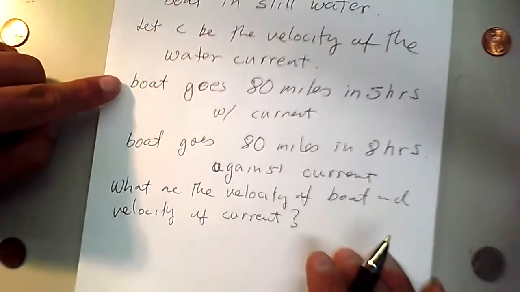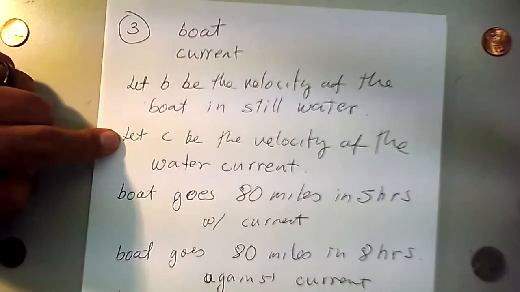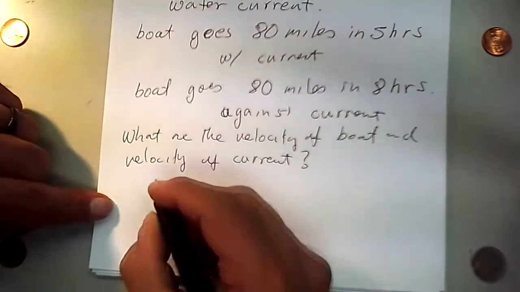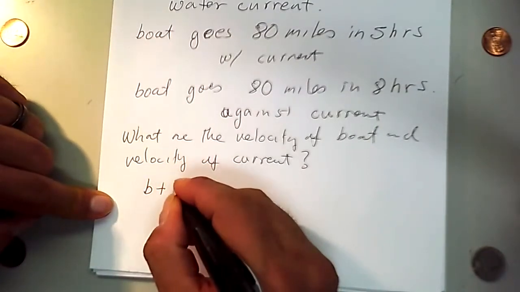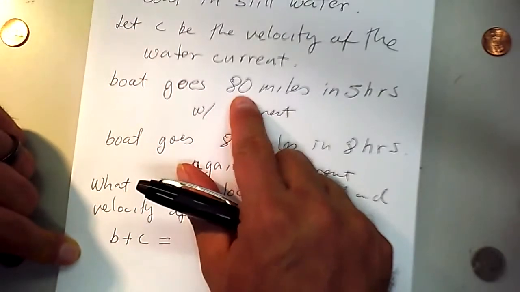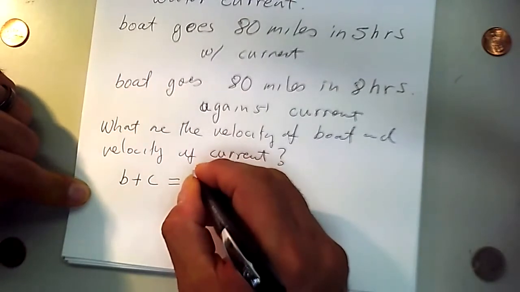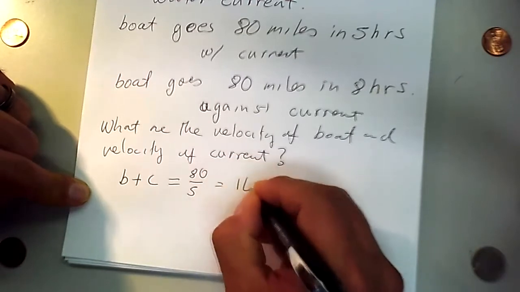Okay, so B is the velocity of the boat, C is the velocity of the current. When they go together, we add the velocities. So the velocity of the boat plus the velocity of the current equals 80 miles in 5 hours. 80 divided by 5 is 16.